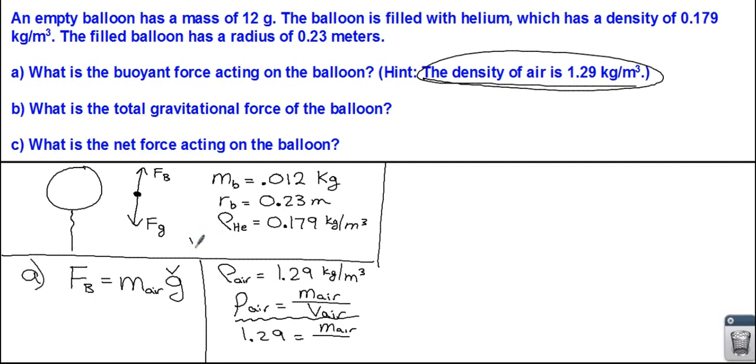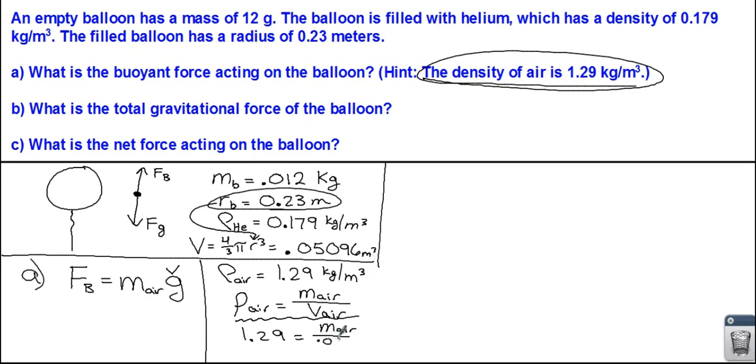We're going to approximate this to be a sphere, and the volume of a sphere is 4/3 pi r cubed. Substitute in our radius of 0.23 meters, and we get a volume of 0.05096 cubic meters.